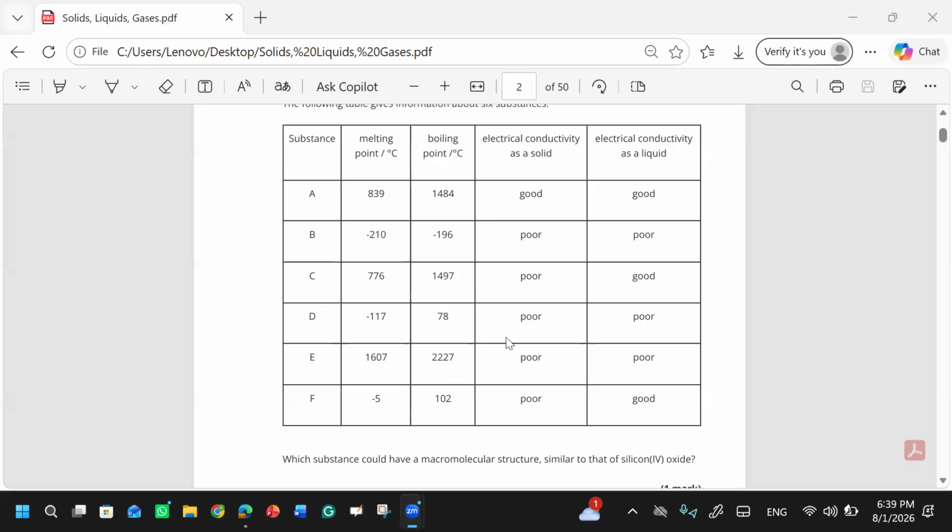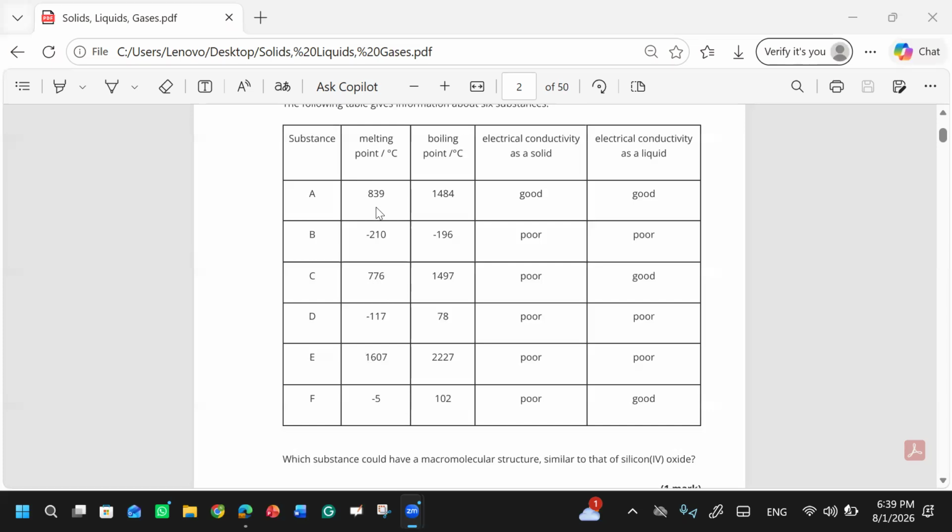Because it has high melting points and good conductivity, and when it has good conductivity, it's a metal. Metals have high melting points and high boiling points. If you see, there are just three options like 839, 776, and 1607.